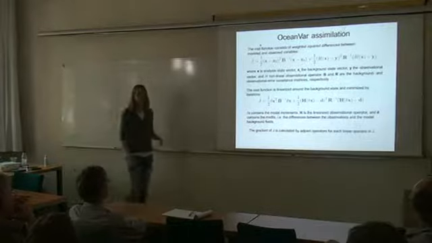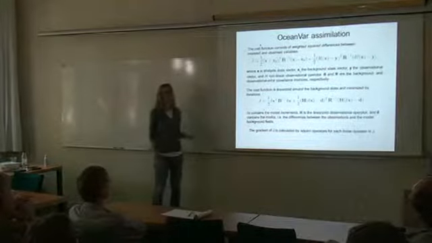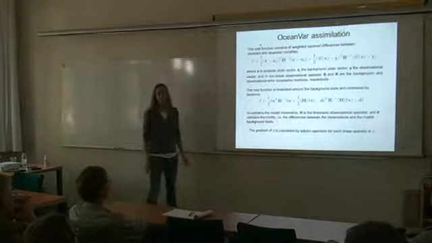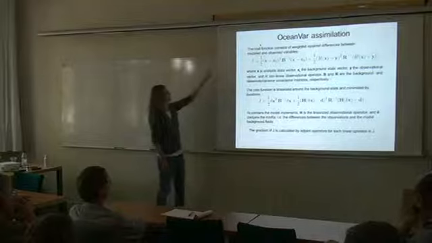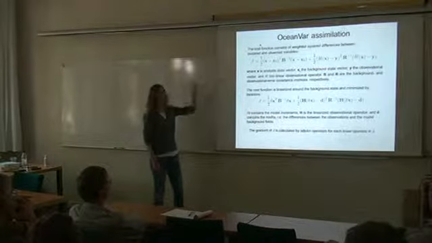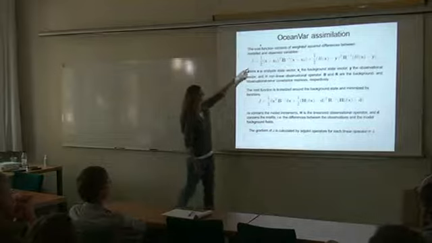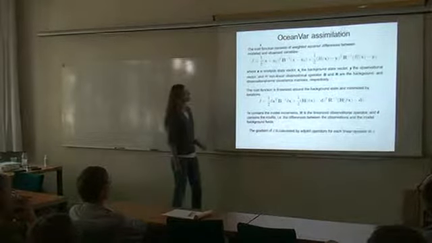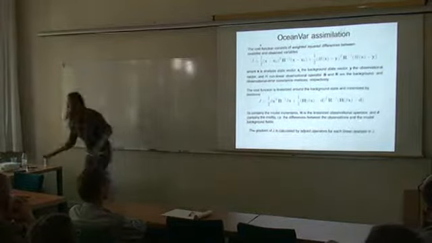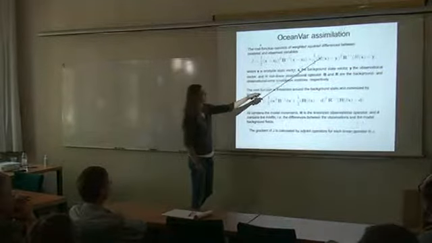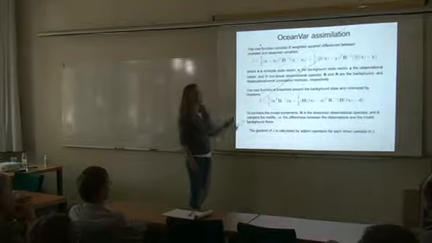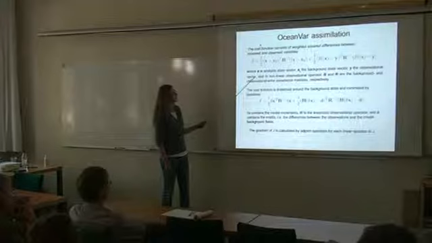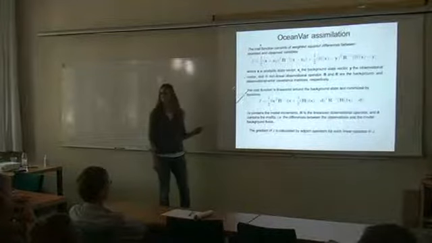Some of you have seen these equations before if you do data assimilation, so I'll just go through them kind of fast. The ocean data assimilation scheme basically minimizes this cost function, where x is the state vector and xb is the background state vector, and this is the nonlinear observational operator, which interpolates the model data onto the observed grid, right?